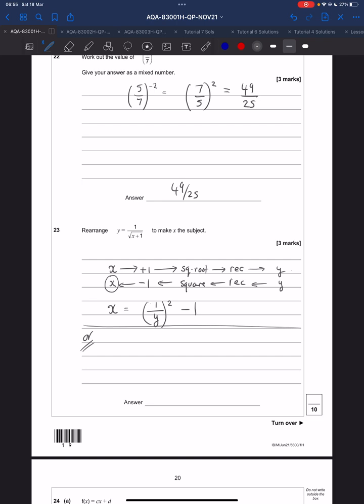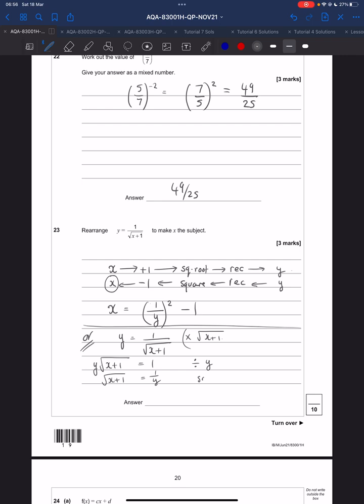Or we've got y equals 1 over the square root of x plus 1. Multiply both sides by the square root of x plus 1, so y times the square root of x plus 1 is 1. Then divide by y, so the square root of x plus 1 is 1 over y.